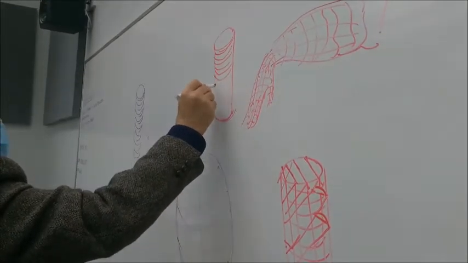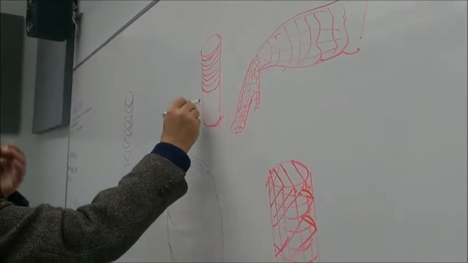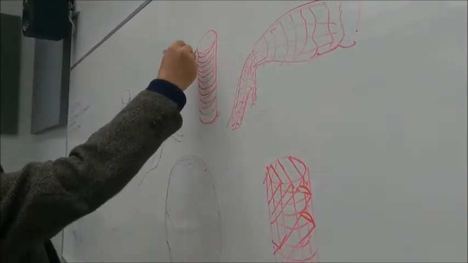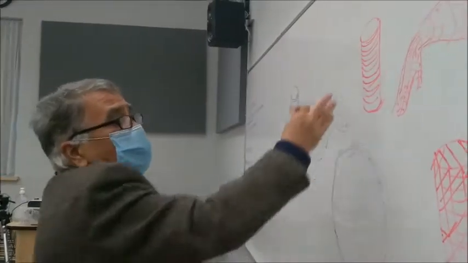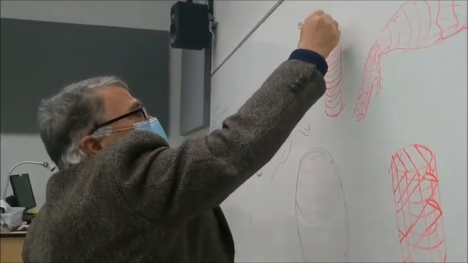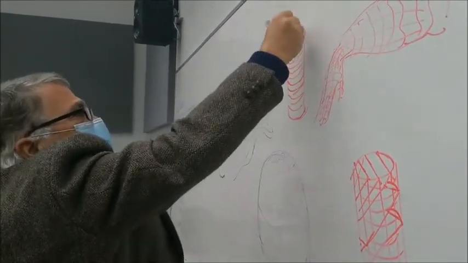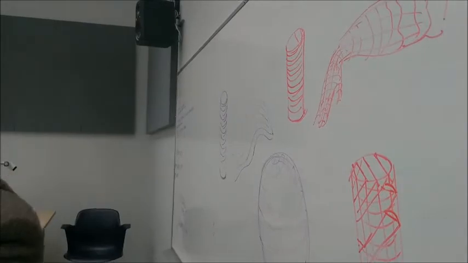Then every point is created by a cross contour that goes around. Then this line is created by many lines like this. You can say that. Also, you can say that one of these cross contours that goes that way is creating this outline, and one is creating this outline. This is a cross contour that's going this way.